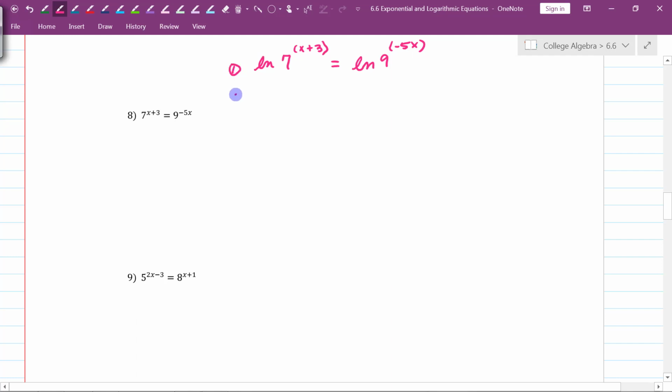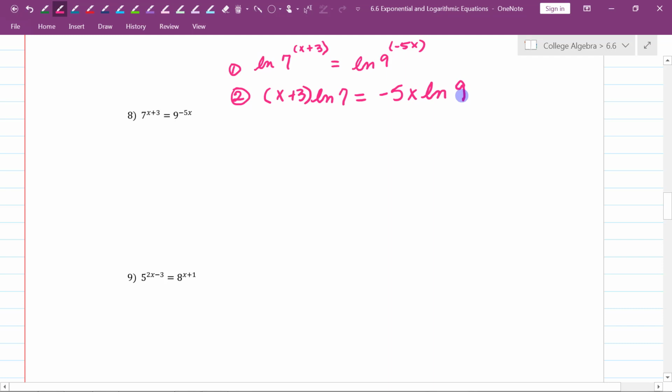Step 2, apply the power rule. Our exponent here is fairly long, but it's still an exponent, so we're going to bring that down out front. (x+3) times the natural log of 7 is equal to negative 5x natural log of 9.